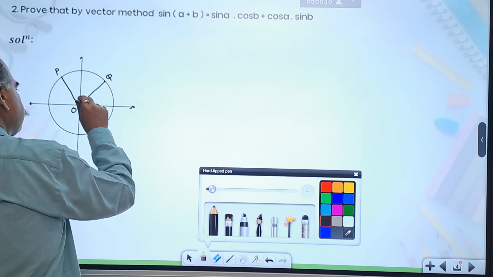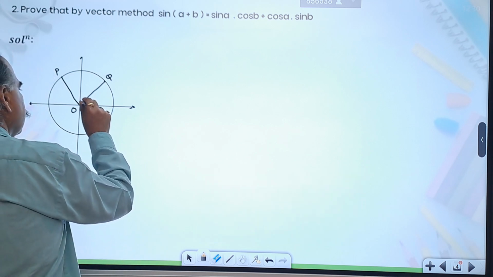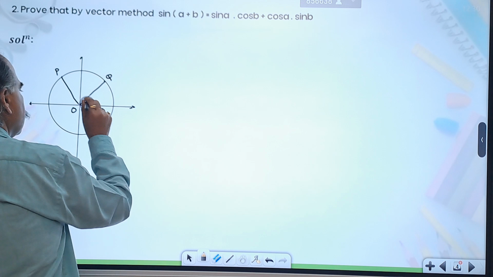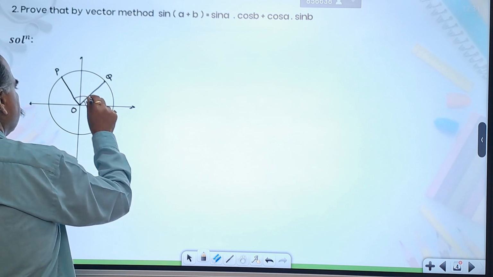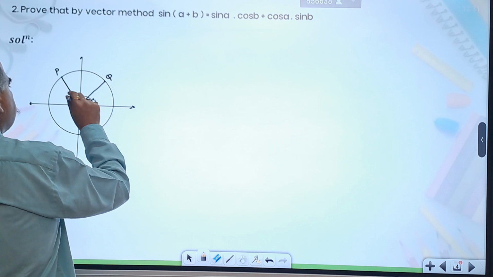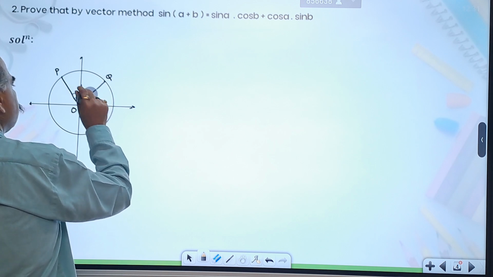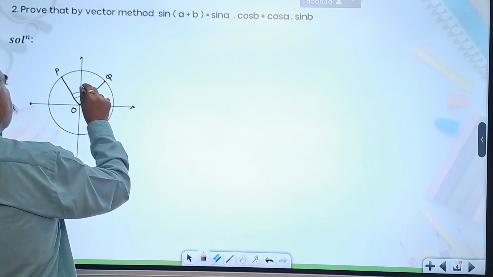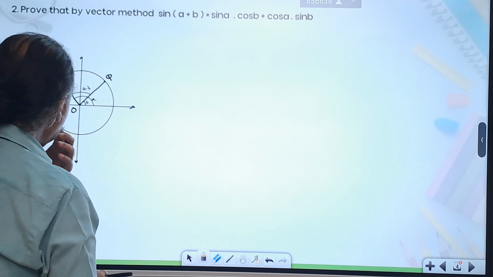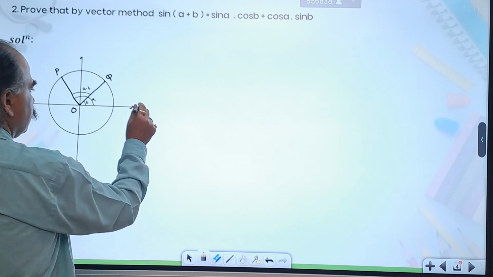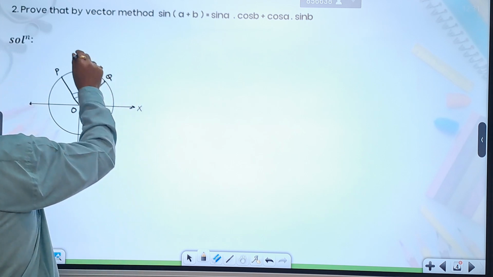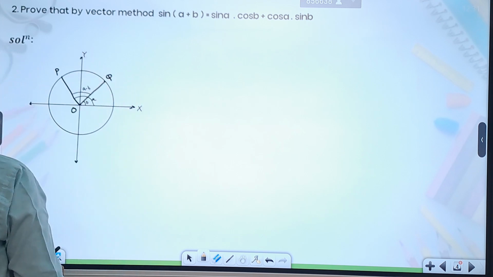So this angle is B, and this angle is A. So angle between OP and OQ is A minus B. This is x-axis and this is y-axis.